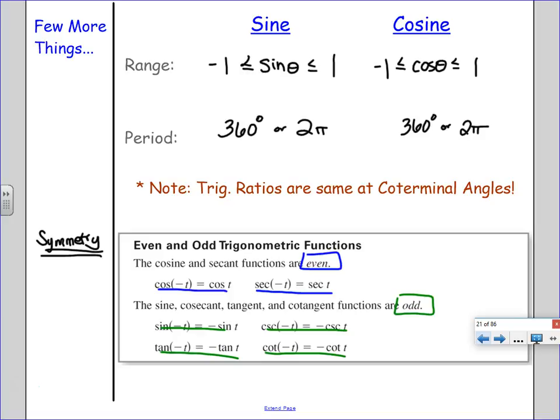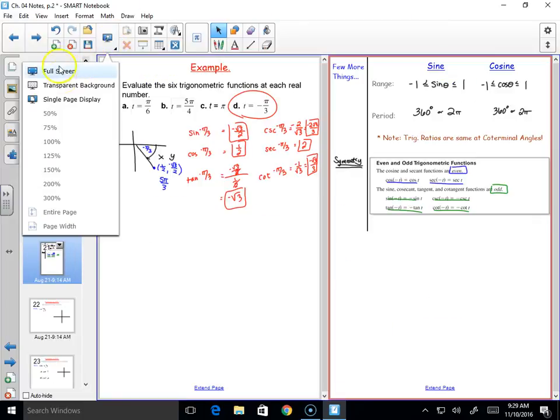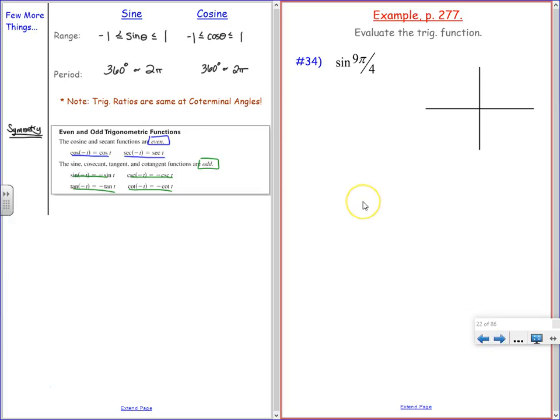Your ear's not turning on today, huh? Got it? Almost. For those of you that are done, let me go ahead and try to dual page it. It's going to be kind of small, but hopefully it gives the idea to those that are still writing. I guess it's a lot smaller.